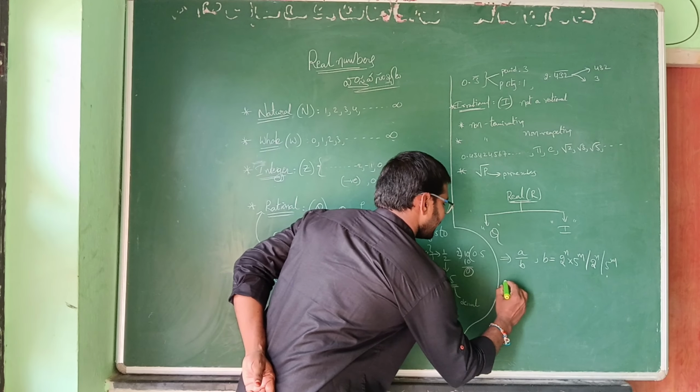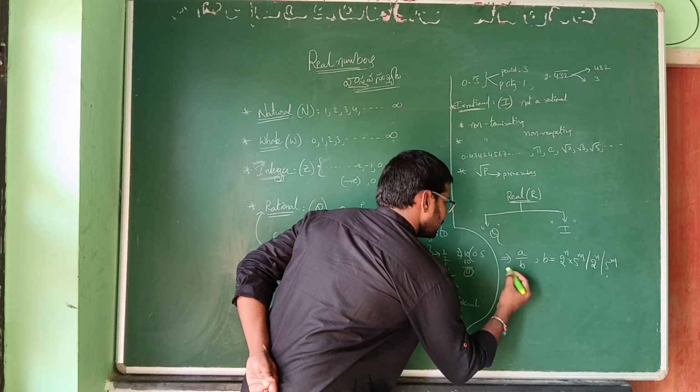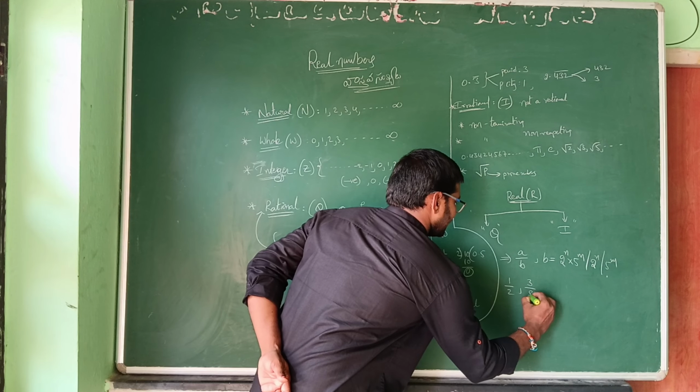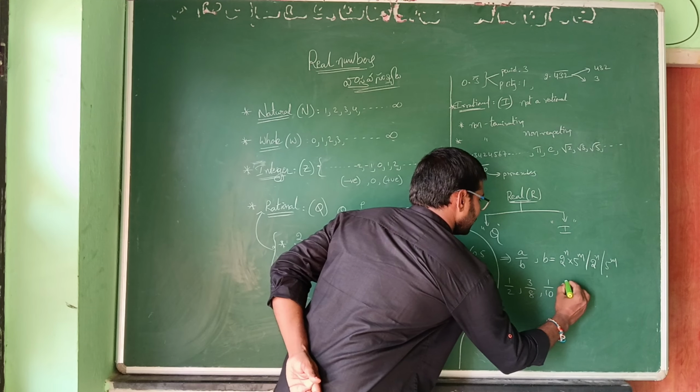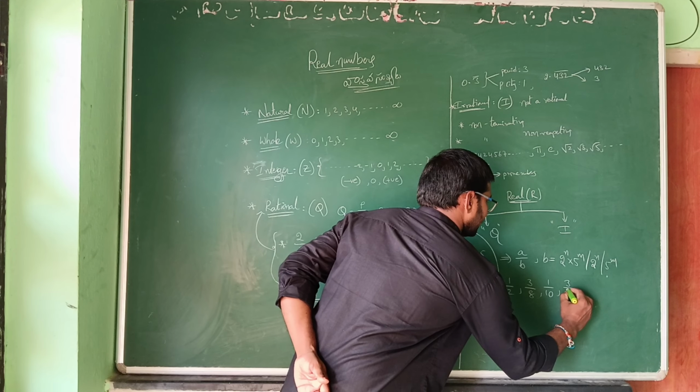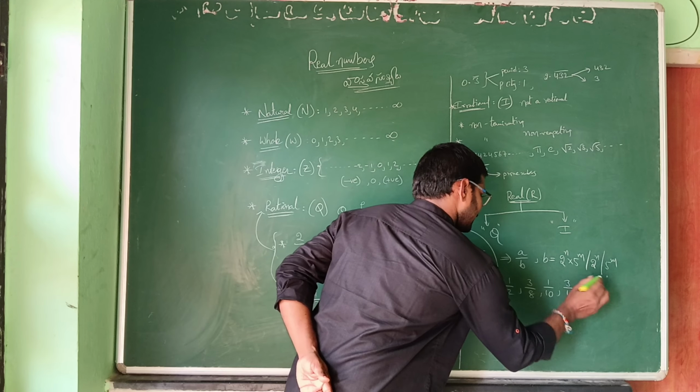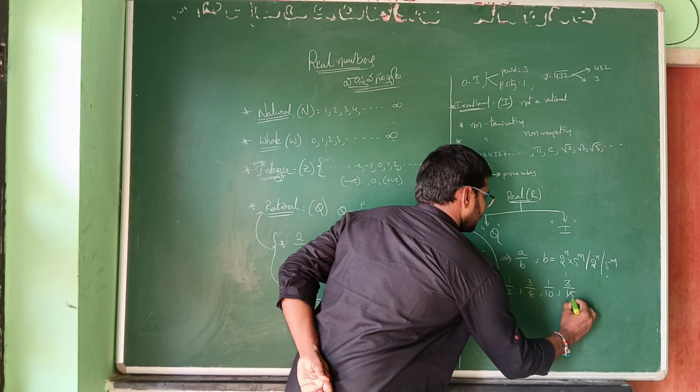Just see one example. Suppose 1 by 2, it is terminating. 3 by 8, it is terminating. Or else 1 by 10, it is terminating. Suppose 3 by 15, it is also terminating, because 3 times 1 is 3 and 3 times 5 is 15, that means 1 by 5 only. 1 by 5 is terminating.